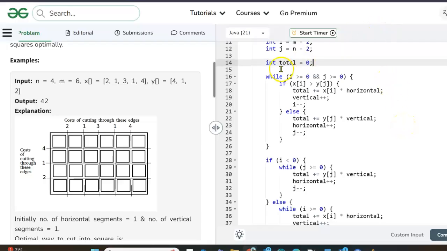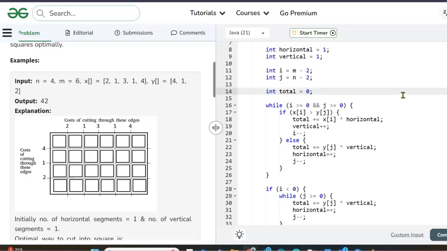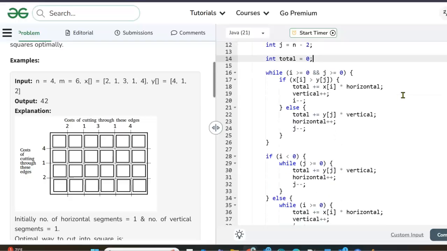We're going to iterate through these arrays. As long as both arrays still have something in them, we're going to stay in this while loop, and we're going to pick the biggest number. X is the vertical cut. If the costliest vertical cut is greater than the costliest horizontal cut, then we make the vertical cut.